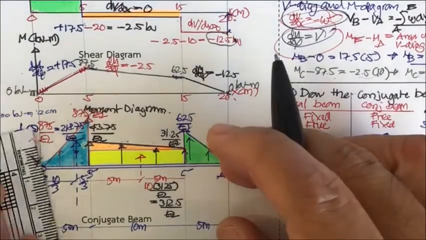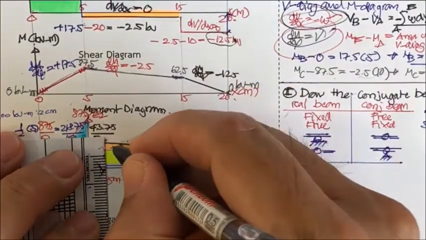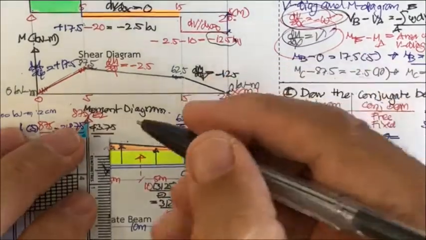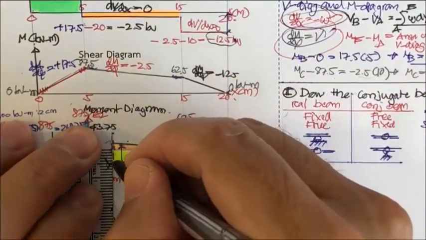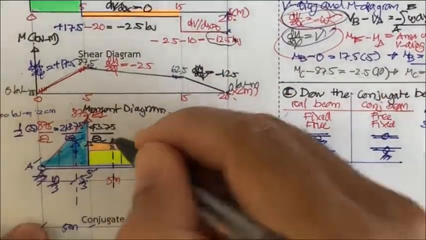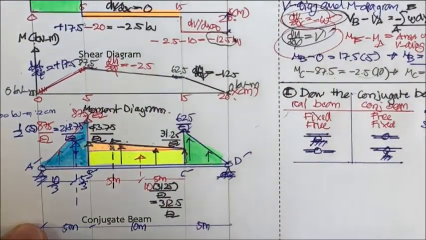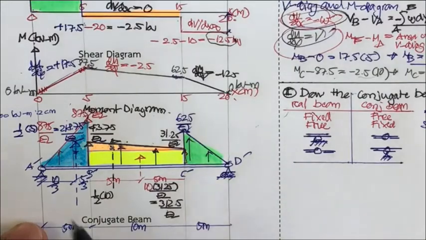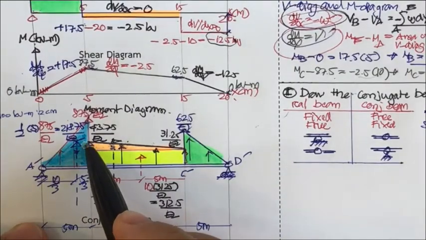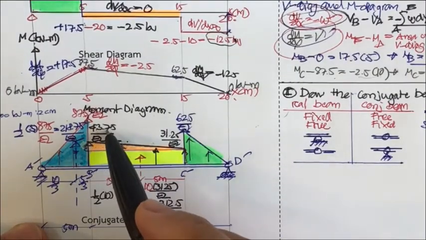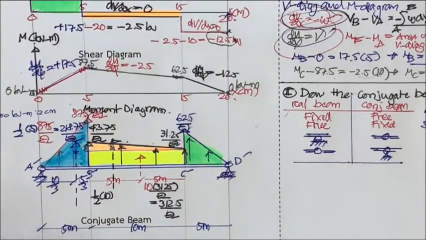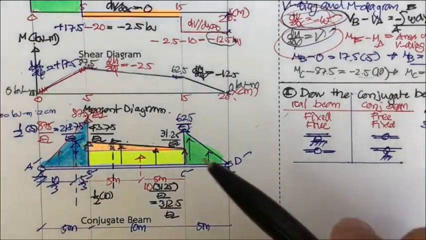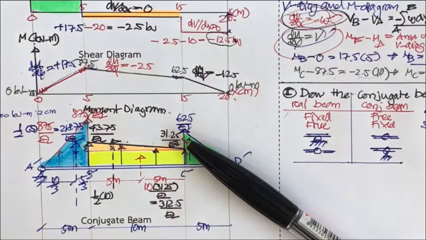The third one is going to be here, and it's going to be for this one. We're taking care of this. That is going to be 1/2 of 10, and the difference between here is 43.75 minus 31.25.